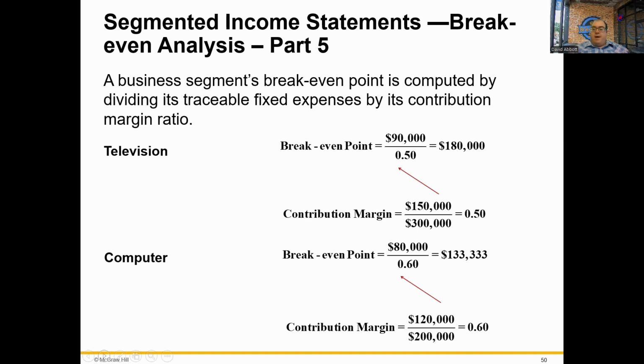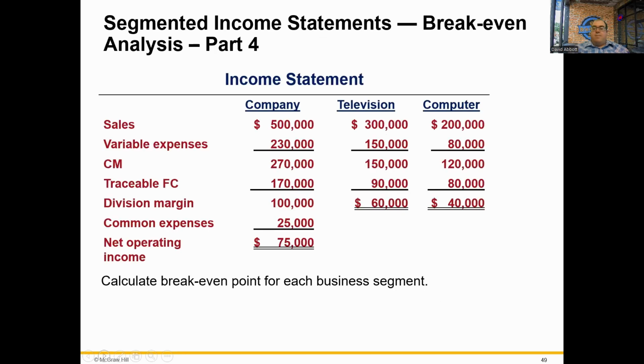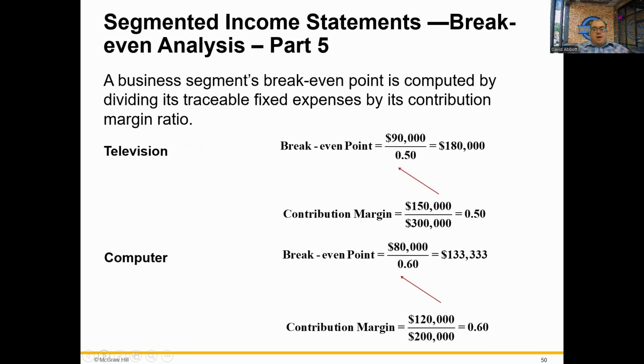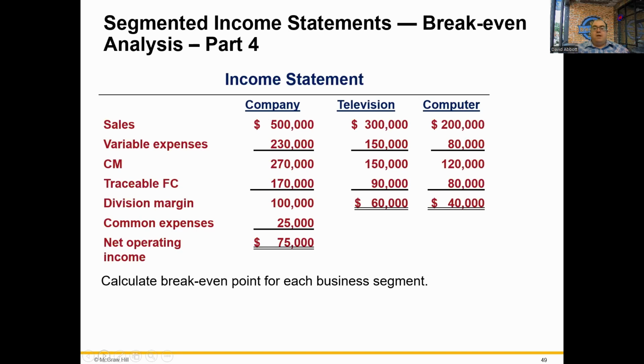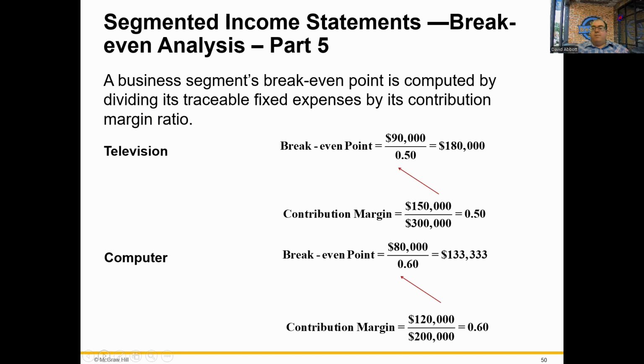And you get the 0.5 by taking the 150,000, which is the contribution margin, divided by the sales within that division. And then the same thing for the computer division. So 80,000 divided by 0.6 is 133,333. And we get the contribution margin to 0.6 by taking the contribution margin for computers, which is 120,000 divided by 200,000.